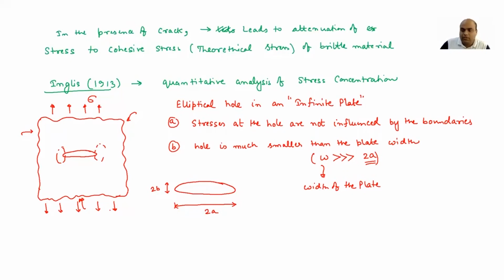That means it is going through the thickness. So if you see a plate, you can see the hole from this side and you can see the hole from the opposite side also. So through thickness hole or through thickness crack also. Okay. So overall, Inglis assumed that it is an infinite plate. That means the stresses at the hole are not influenced by the boundary, as well as the plate width is much higher than the length of the crack.